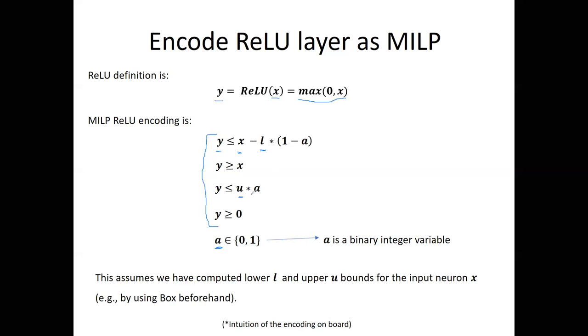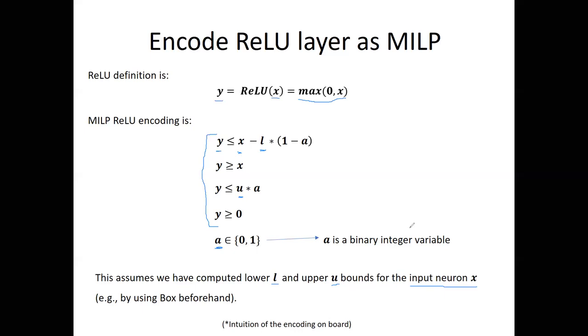This is where the precomputation with an incomplete method helps the encoding a little bit. Here, this L and U are just the bounds, the lower bound and the upper bound, that we have computed for the input neuron X. For instance, we may have executed the box analysis, the box processing of the input, and for a given neuron X, we may have determined that X is in the range -2 to 2.